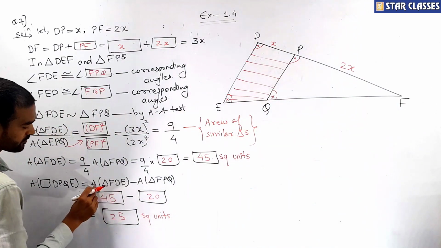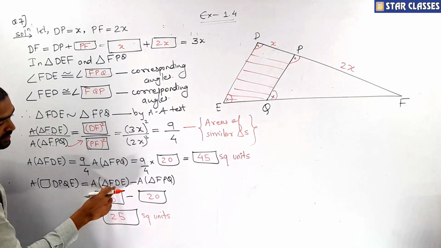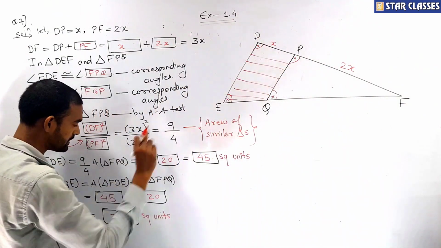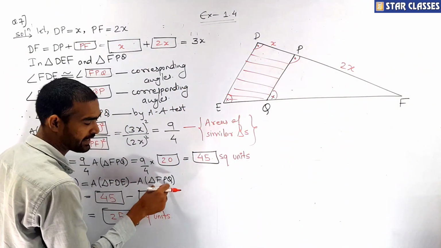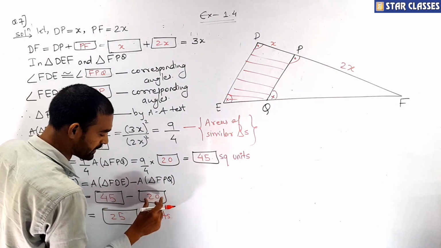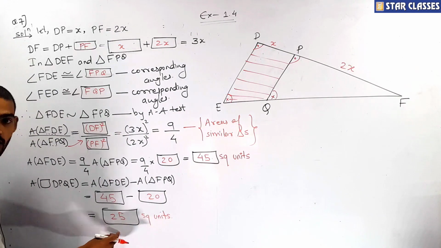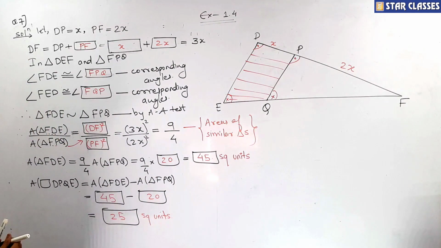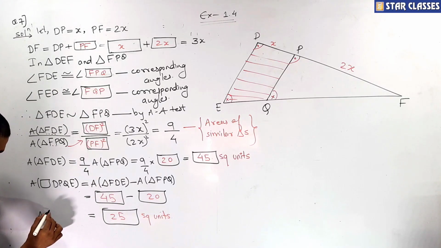That's what we have done. Area of the larger triangle FDE minus area of the smaller triangle FPQ. So larger triangle is 45 minus smaller triangle 20. 45 minus 20, we got 25 square units. So this is the area of the required quadrilateral.